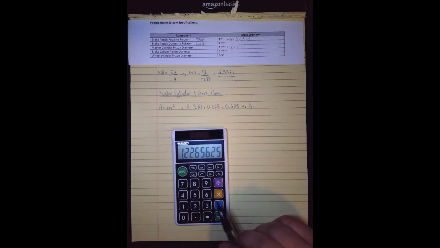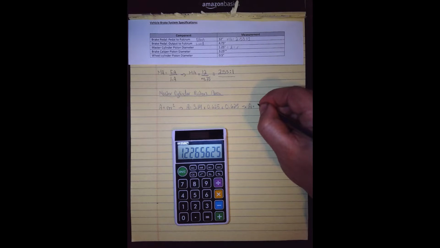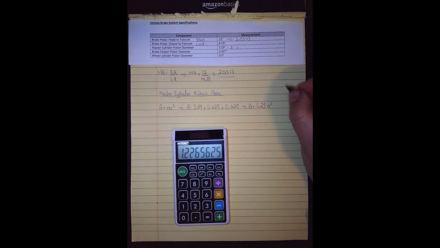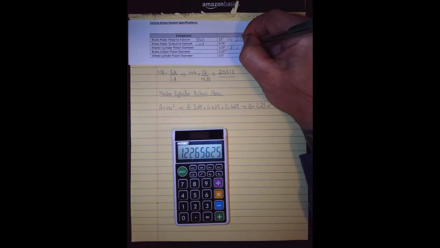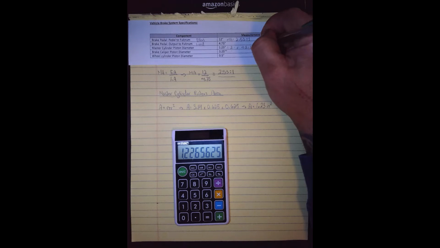So we're going to call that 1.23 square inches. So area equals 1.23 square inches.